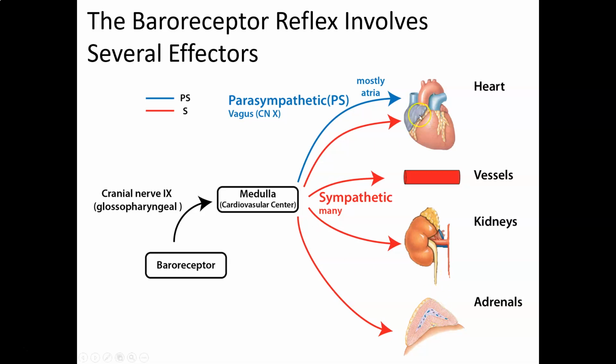So that's the different efferents or motor fibers, and here's our different effectors. There's more you could put in here, to be honest, but the big ones are the heart, the vessels, the kidneys, and the adrenal glands.